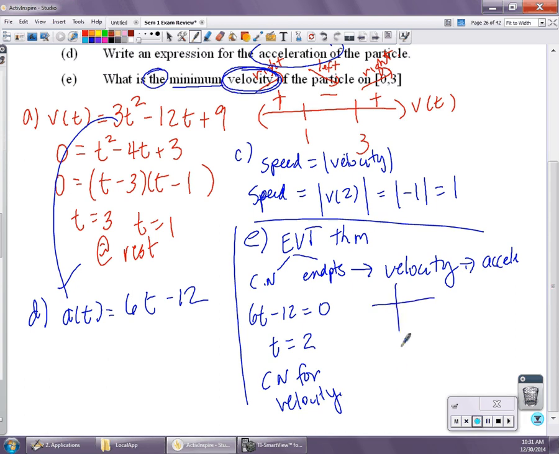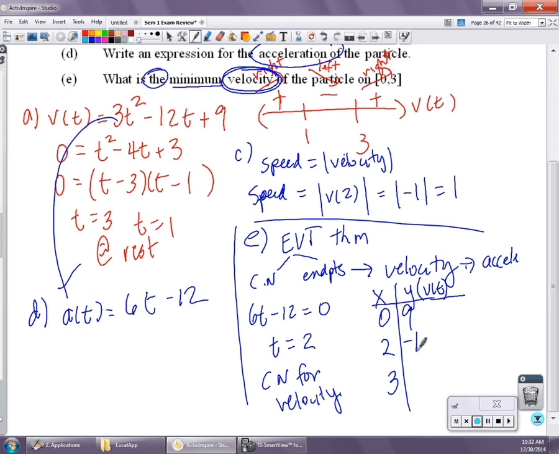The extreme value theorem says I need to compare the endpoints and the critical numbers. So the endpoints are 0 and 3, and the critical number is 2. Remember, we're trying to find the minimum velocity, so plug these values into velocity. When I plug 0 into velocity, I get 9. When I plug 2 into velocity, I get negative 1.